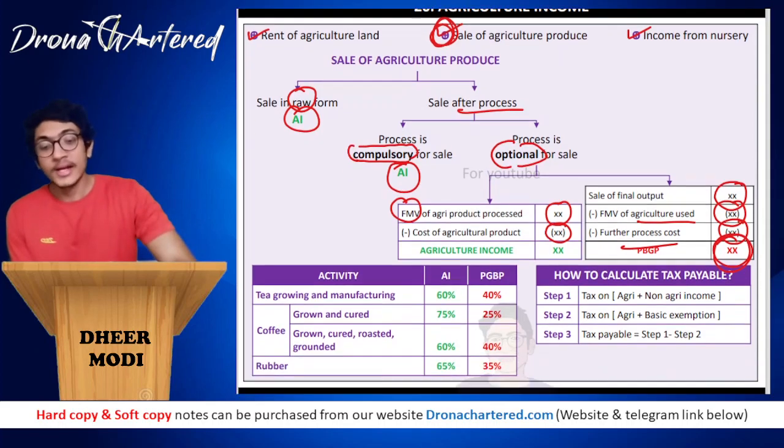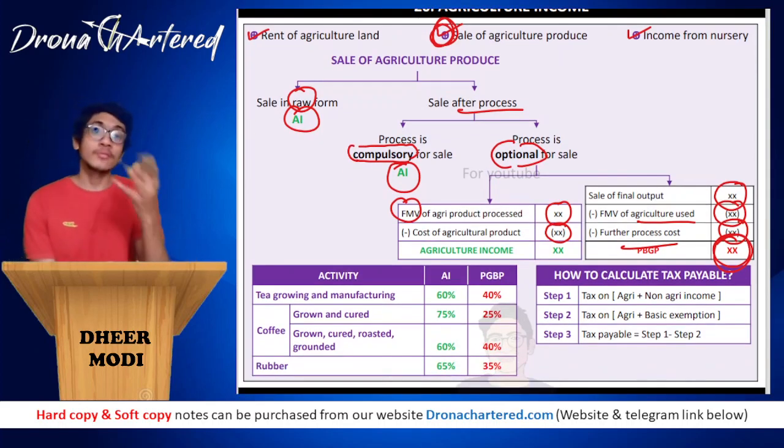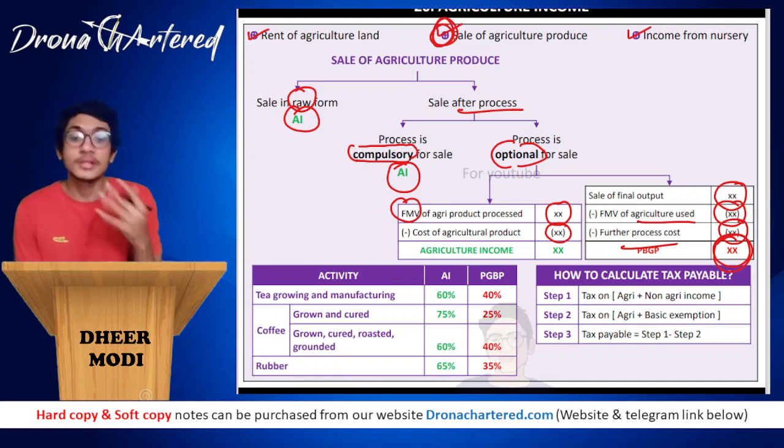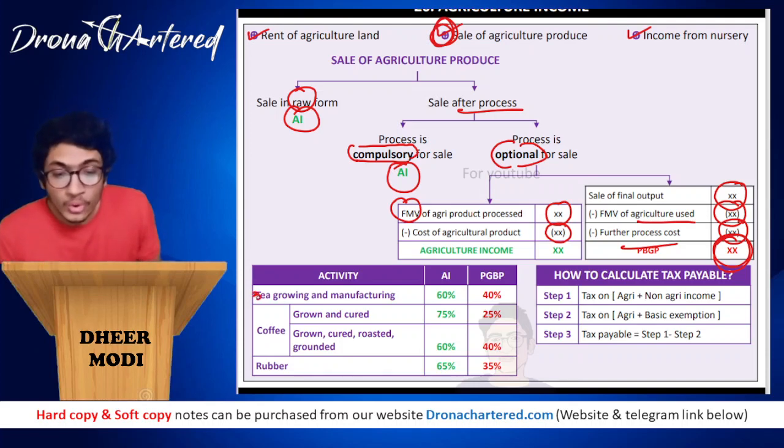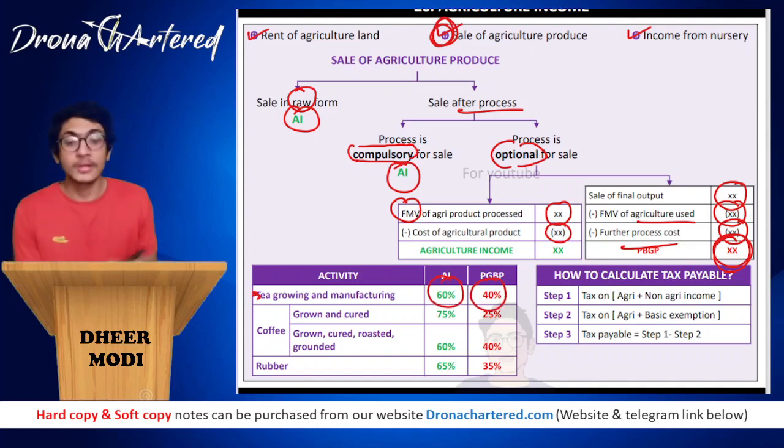Okay. Now certain activities they have defined, for certain things there is a certain percentage. So if you are tea growing and manufacturing, 60% of it is agriculture income and PGBP is 40%. For coffee it is bifurcated into two parts.